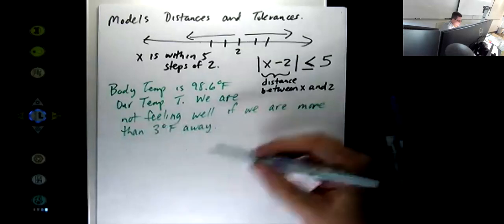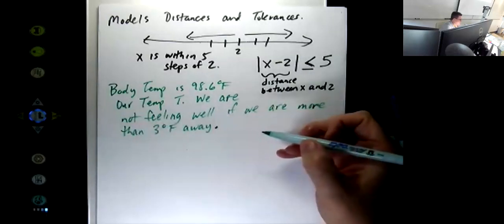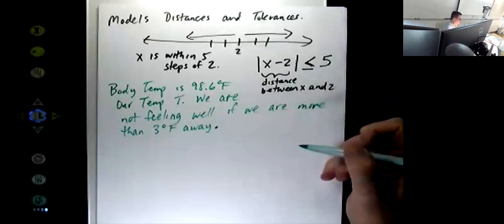So we model how close our temperature is to whatever your neutral perfect body temperature is.